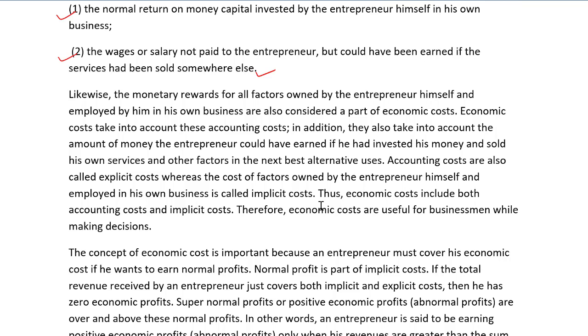That means that economic costs take into account these accounting costs. In addition, they also take into account the amount of money the entrepreneur could have earned if he had invested his money and sold his own services or factor to the next best alternative use. We are talking about opportunity cost over here.